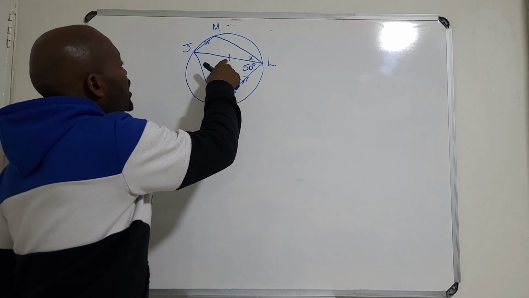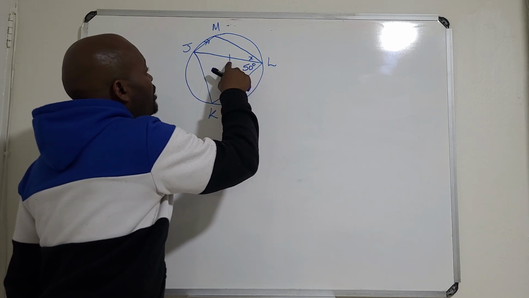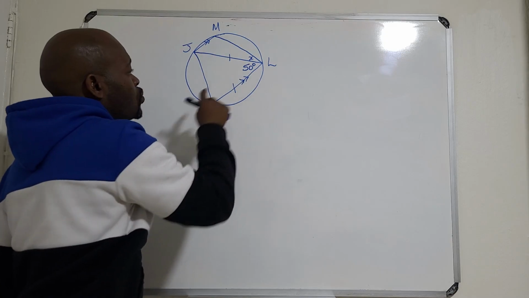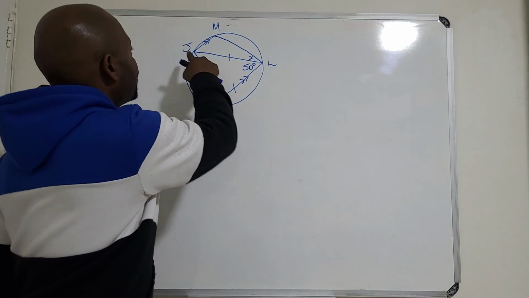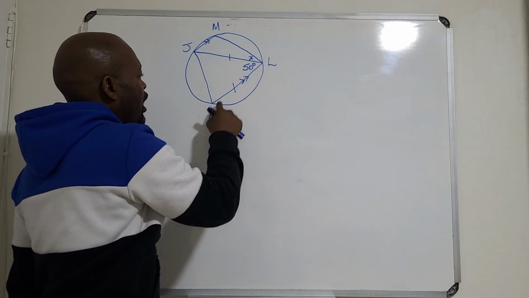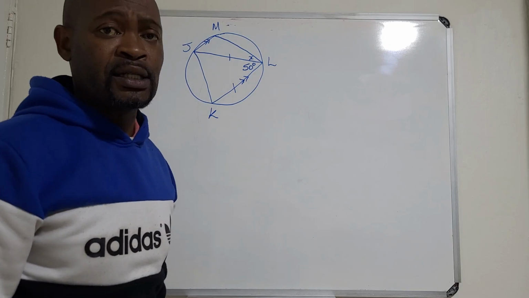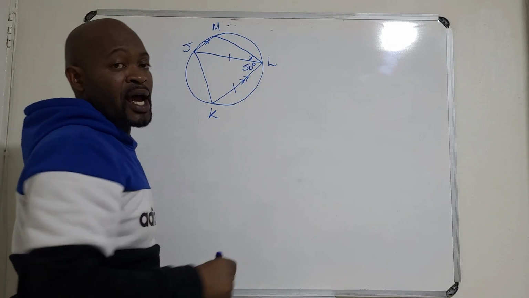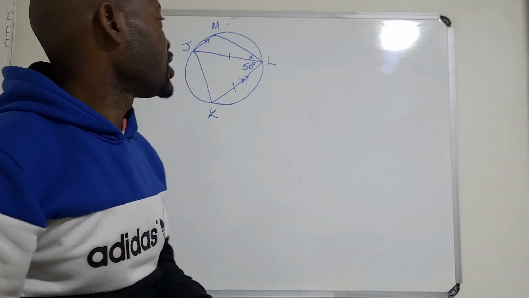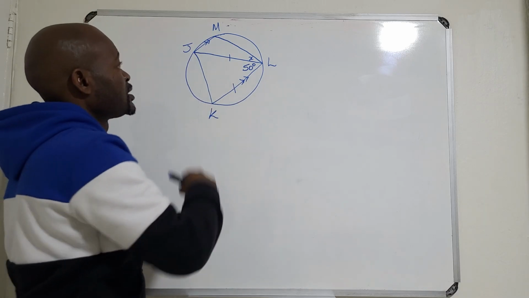Also, JL is equal to KL by these strokes. Now, angle JLK, which is this angle there, is 50 degrees. We are to find x with reasons.